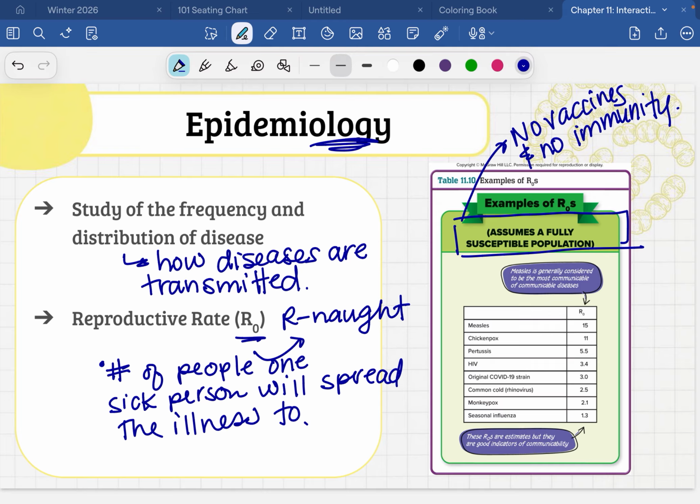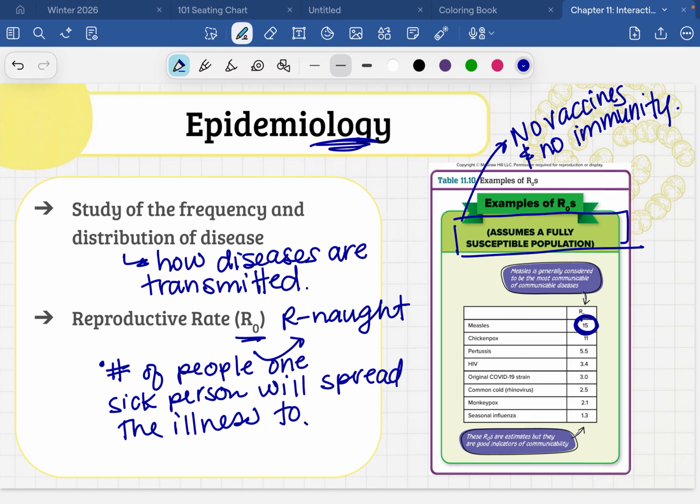This is just some examples of some R naughts. So possibly one of the most prolific illnesses in the world is the measles. And the measles has an R naught of 15.